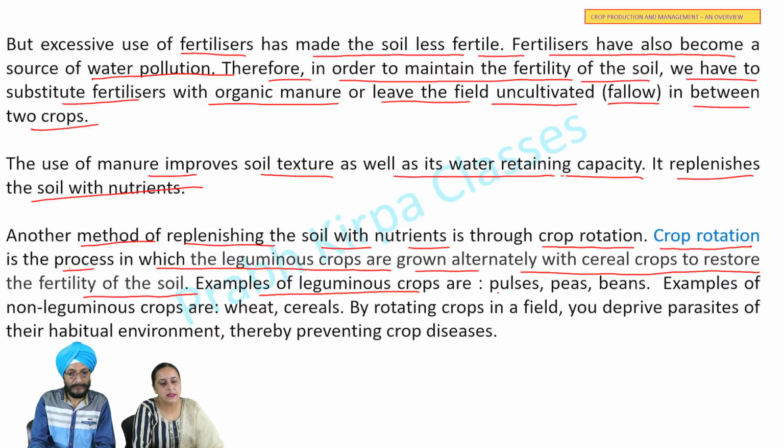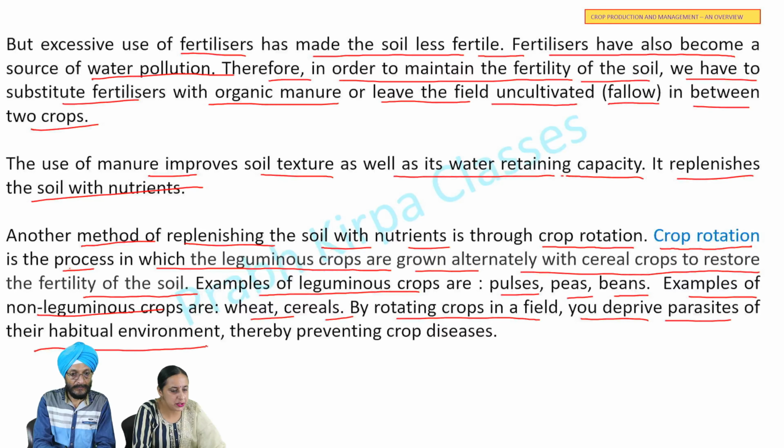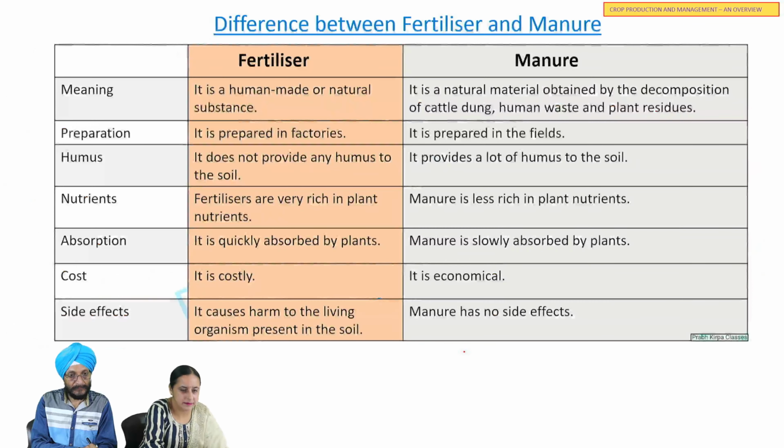Examples of leguminous crops are pulses, peas, beans. Examples of non-leguminous crops are wheat, cereals. By rotating crops in a field, you deprive parasites of their habitual environment, thereby preventing crop diseases.